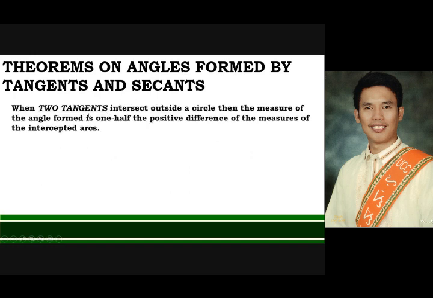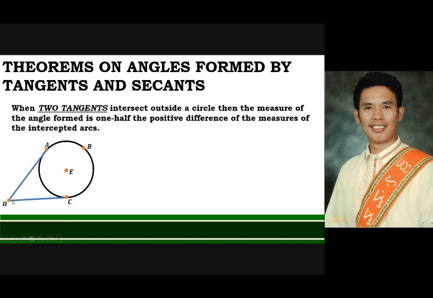When two tangents intersect outside a circle, then the measure of angle formed is 1/2 the positive difference of the measures of its intercepted arcs. So, kung tangent naman daw yung mabuo, parehas lang sila ng concept kanina ni secant line. Meron tayong example rito ng figure.